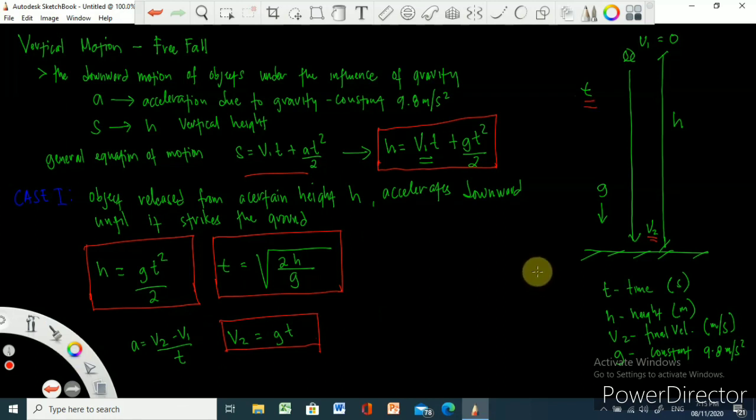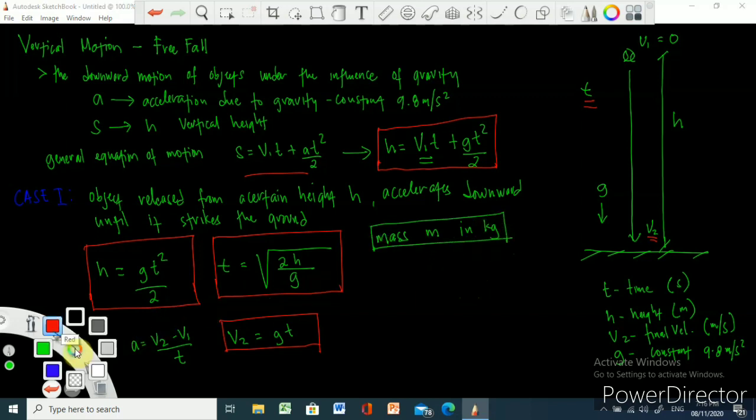One thing about this free fall is this, kung mapansin nyo, yung mga equations natin, wala namang involved na mass. So, meron ba kayong nakita dyan na symbol for mass? May mass M ba kayong nakita dyan? In kilogram, let's say. Meron ba to? Syempre, wala naman yan.